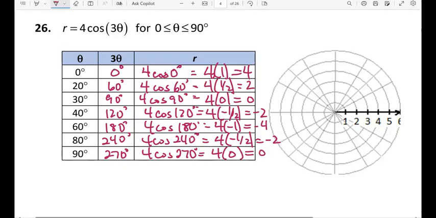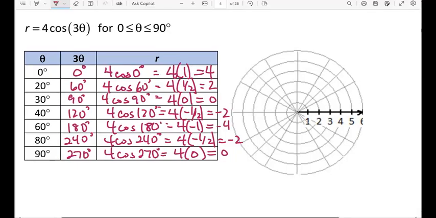All right, let's graph our points. When our theta is 0, the radius is 4. When theta is 20, the radius is 2. So that's not quite to the 30-degree mark. When theta is 30, the radius is 0.